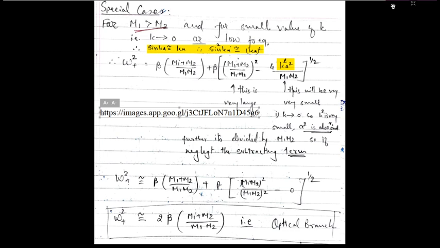If you have observed the dispersion curve for the diatomic lattice, the upper band is always the optical branch and the lower band is always the acoustic branch, and in between these two branches there is a band in which no frequency can be seen, and that is called the forbidden band.